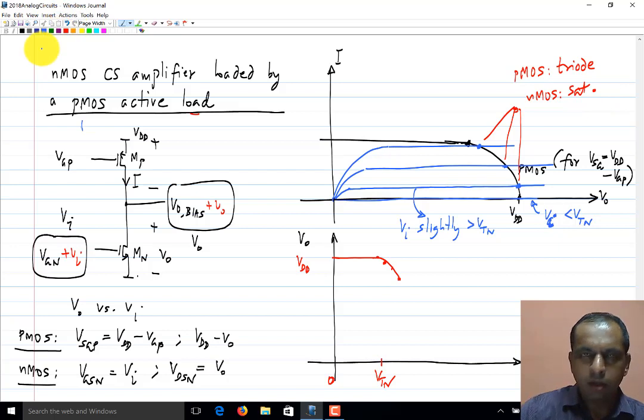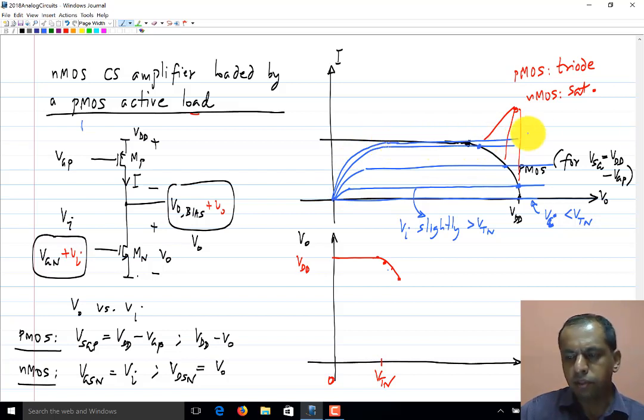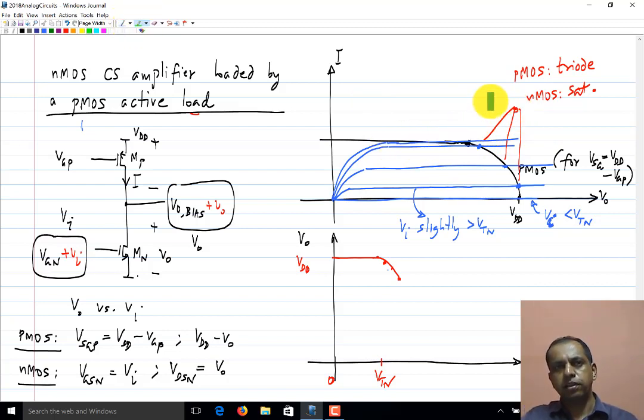Now at some value of Vi, both NMOS and PMOS will be in saturation region, that is, they intersect in the nearly flat region of the characteristic. So when we have nearly flat curves intersecting each other, a small movement in each of them moves the point of intersection by a large amount.